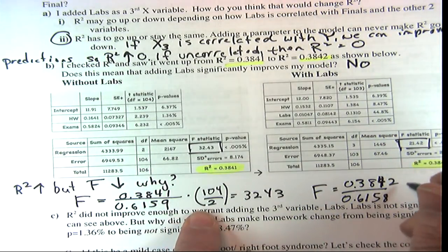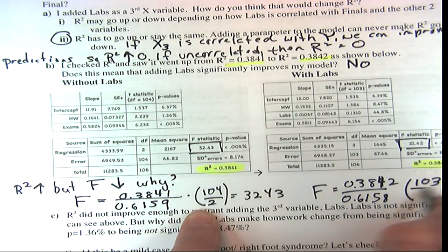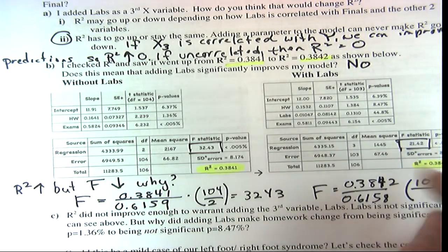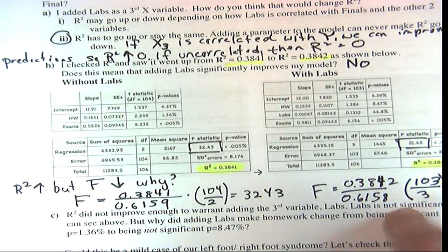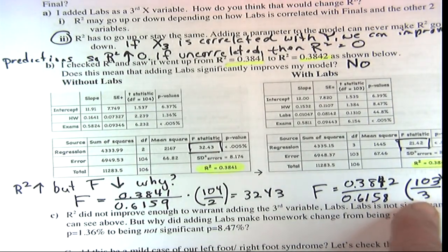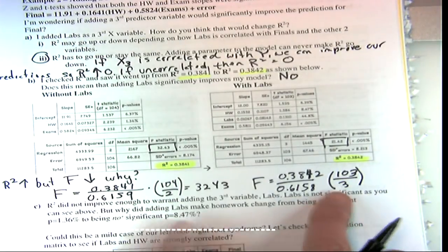But look what happens here. Our degrees of freedom, this doesn't change things much, but this really changed things. That's another reason why I like the F-stat. It shows you that every time you add a parameter to the model, look, that's the big difference.